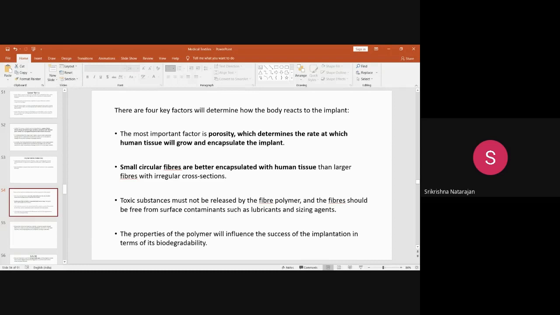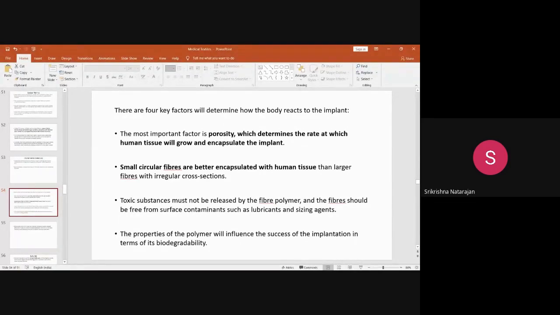So here there are 4 key factors which will determine how the body reacts to the implant. What are the important factors? The first important factor, the most impactful factor, is the porosity. Porosity in the sense, the rate at which the human tissue will grow and encapsulate the implant. For example, if you are using a textile material as an implant, over that textile material the tissue will grow and encapsulate, it will just cover the implant.